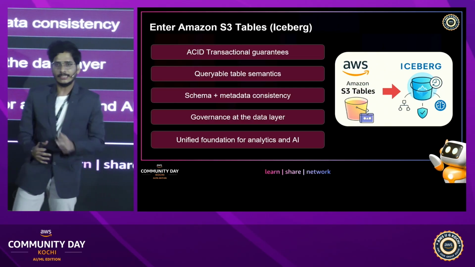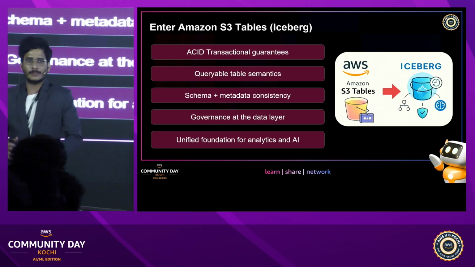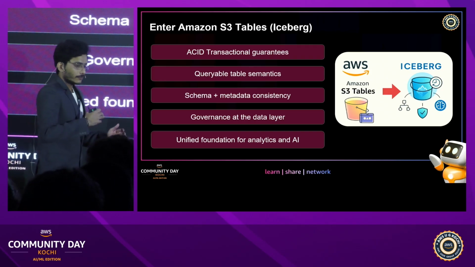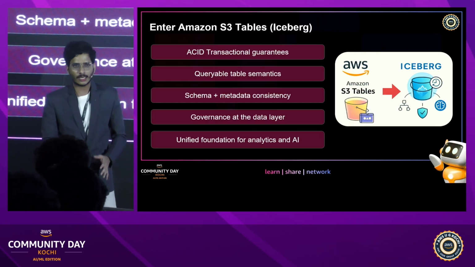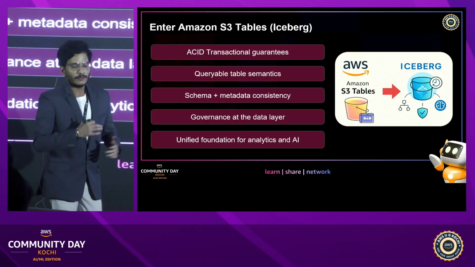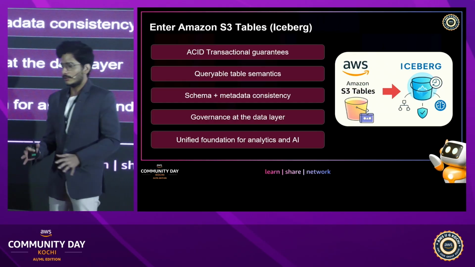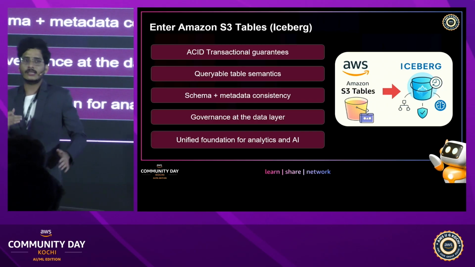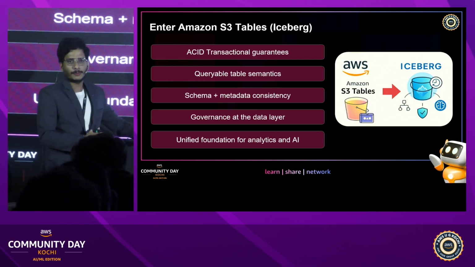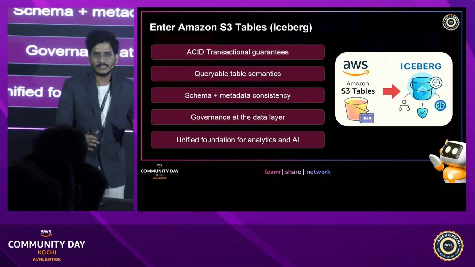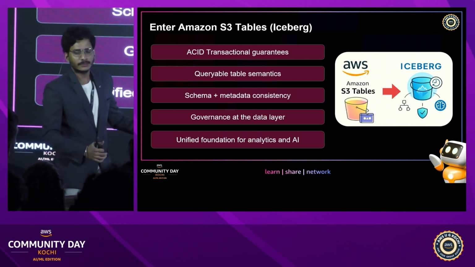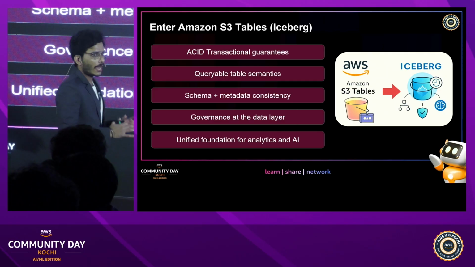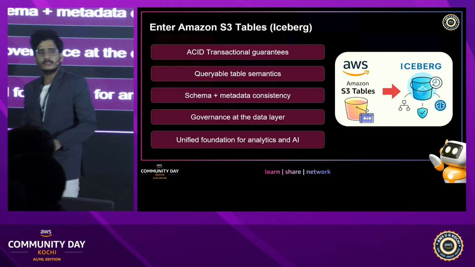The third thing is data auditability. Data auditability is nothing but storing all versions of data in the system. So we can have a time travel feature. We can play back how the data evolved over a period of time. These advantages are present when we use S3 Tables for our AI systems. And last but not least, it also supports governance.